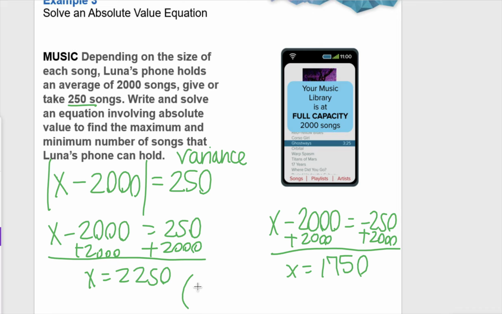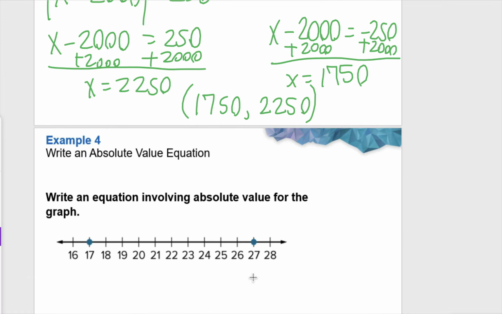So my solution set would be anywhere from 1,750 songs all the way up to 2,250, depending on how long or short those songs are. Obviously, the shorter the song, the less memory it's taking up, so you can have maybe up to 2,250 songs, but if she's got a whole bunch of longer songs, it might only hold 1,750 songs.